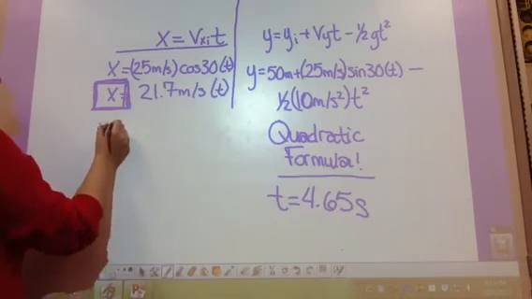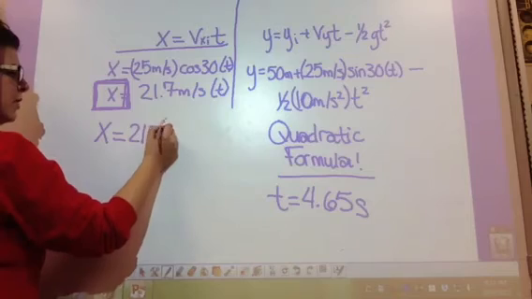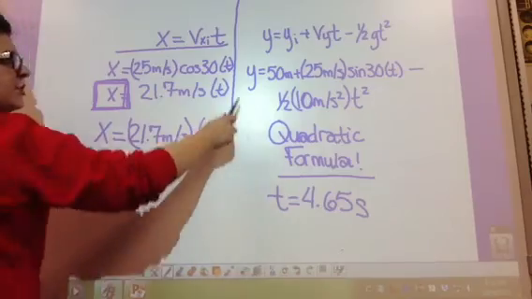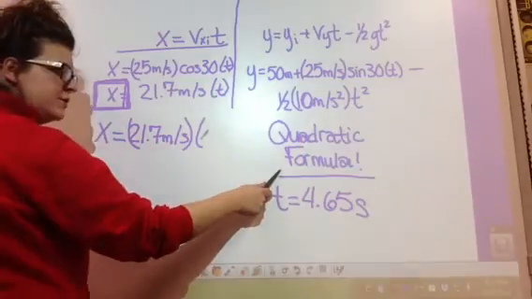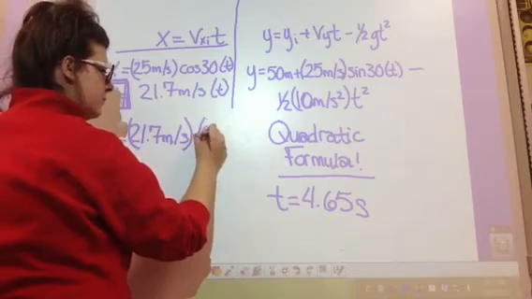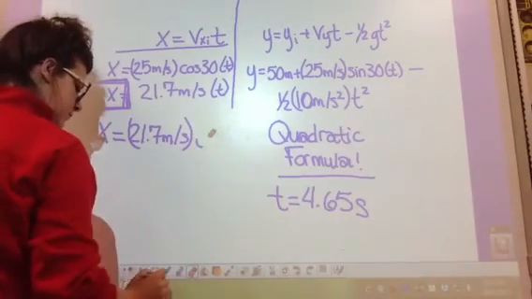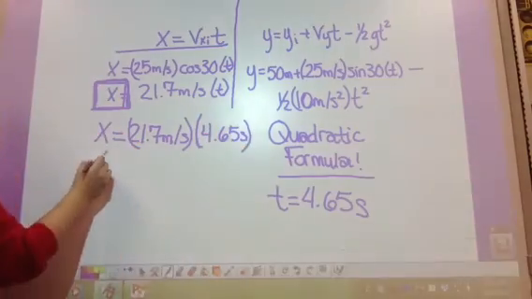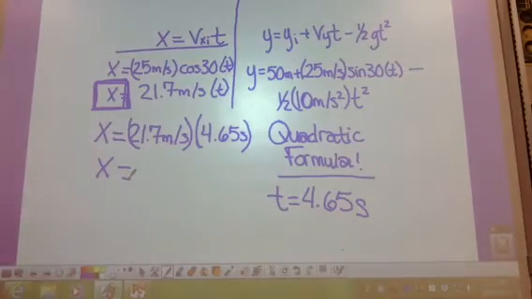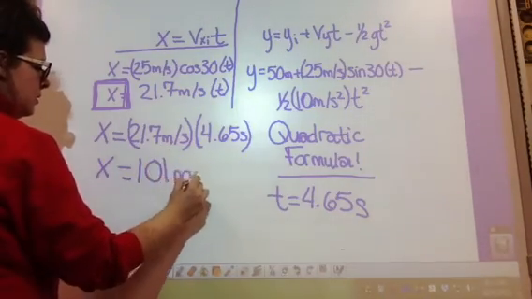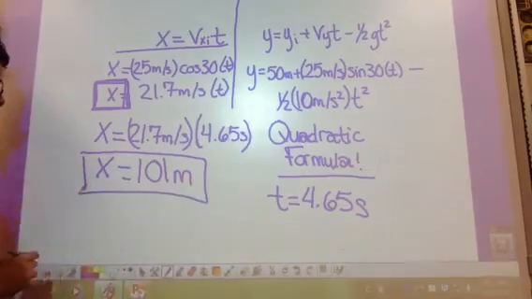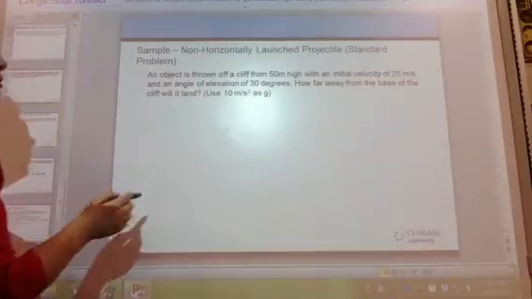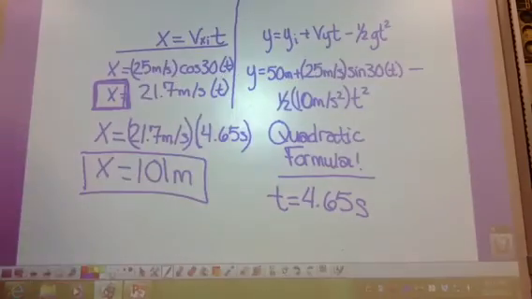So x is going to equal 21.7 meters per second times time, which I found using my y equation and then using the quadratic formula, 4.65 seconds. So that means that my x value is going to be 101 meters. So that means my object was 101 meters away from the base of that cliff.